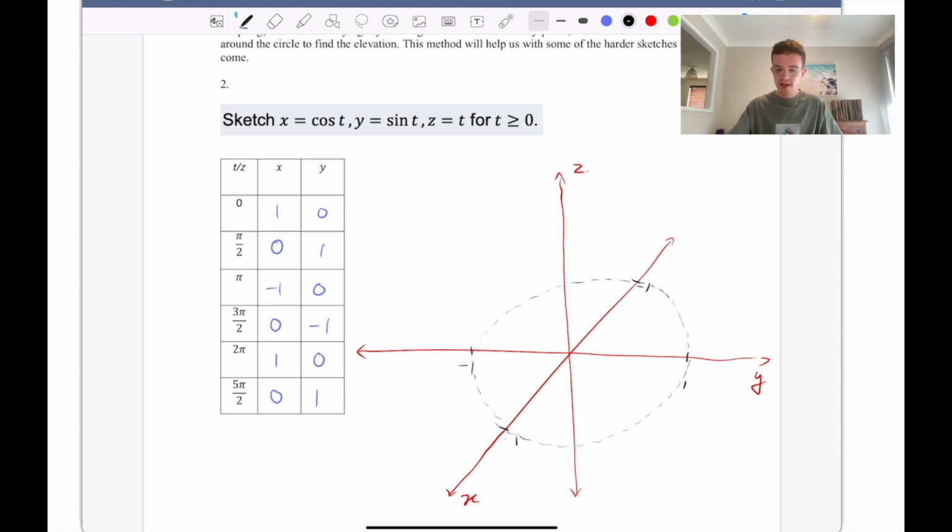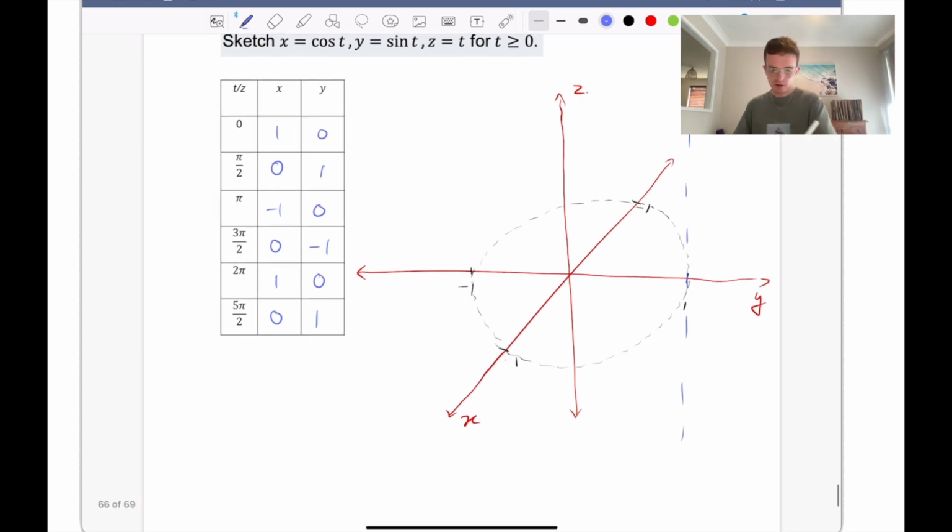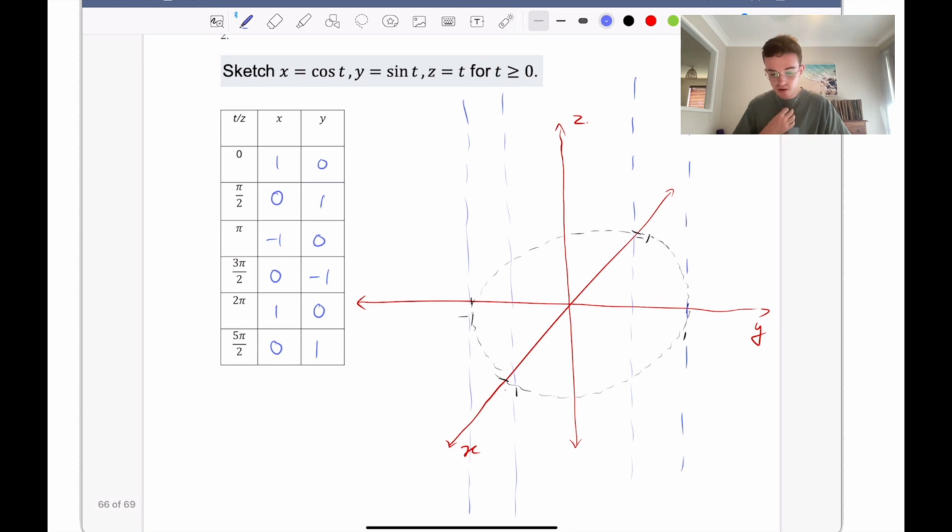Okay, then what I like to do next is change the colour of my pen and draw dotted lines along the points on the circle, so 1, minus 1, 1 and 1. Draw those dotted lines. In an exam I do those in pencil.